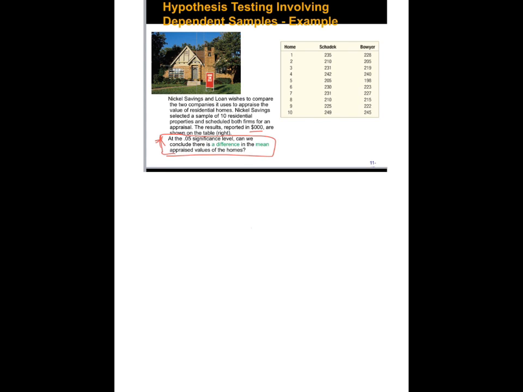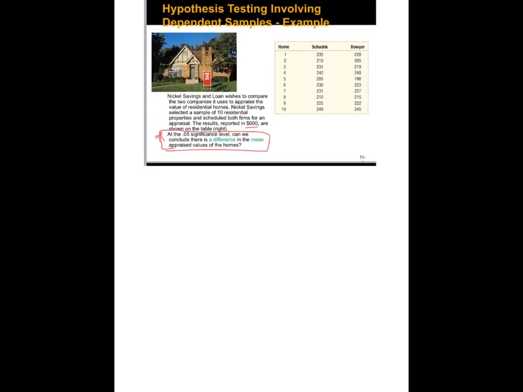So there is our alternate hypothesis. I'm going to set up the entire problem and then we'll see where we make our modifications. The modifications are going to be in the degrees of freedom and in our last step where we calculate our test statistic.